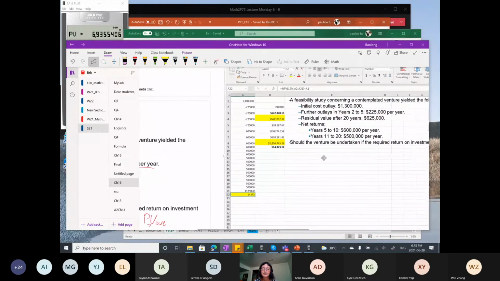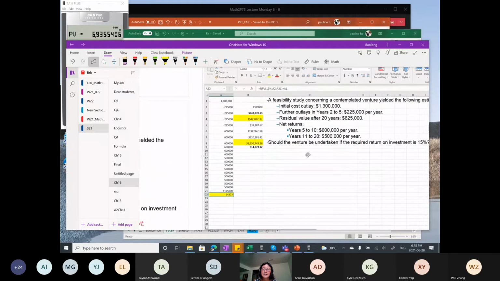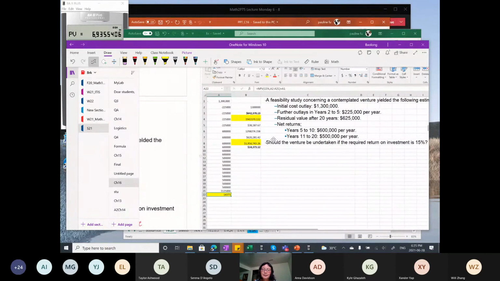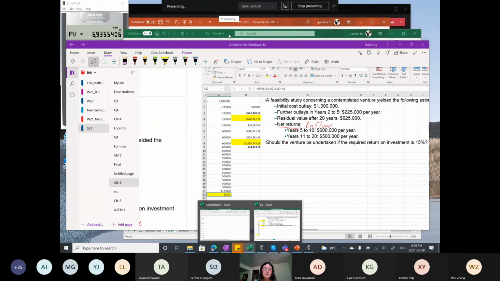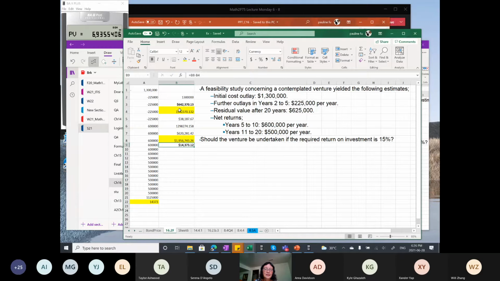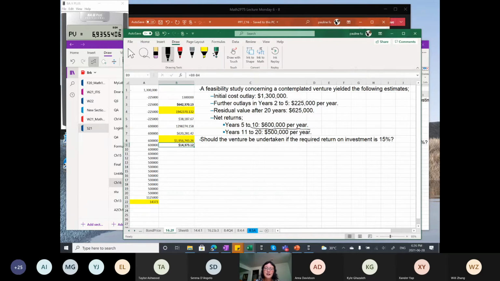So the money inflow, this is money inflow here, net returns. Year 5 to year 10, 600 per year.